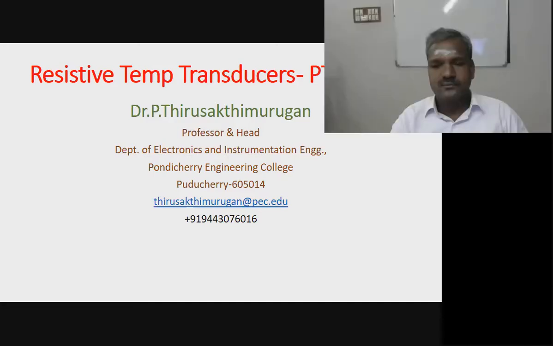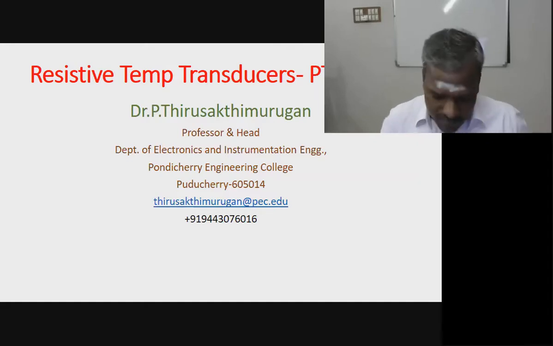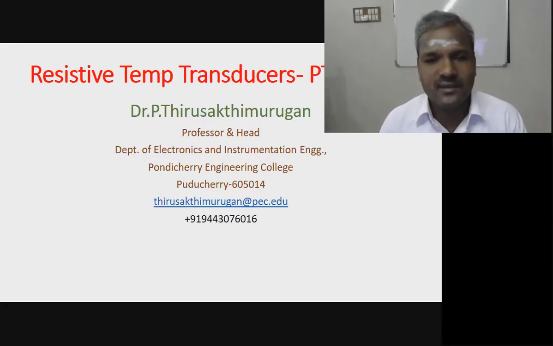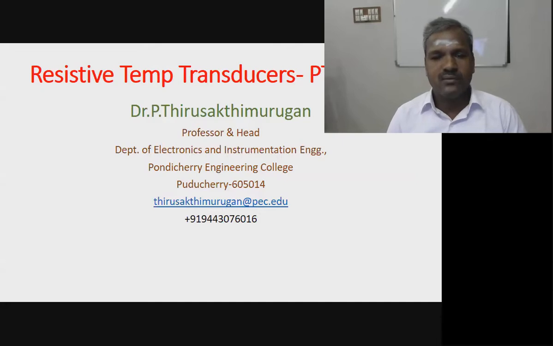So particularly these two transducers are basically classified into two groups. One is positive temperature coefficient, the other one is negative temperature coefficient. Positive temperature coefficient means all the metals have a basic system parameter called temperature coefficient.